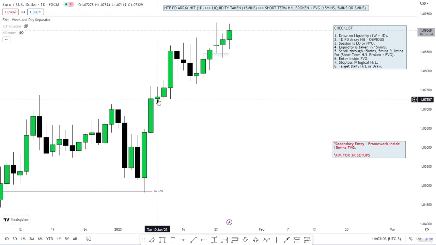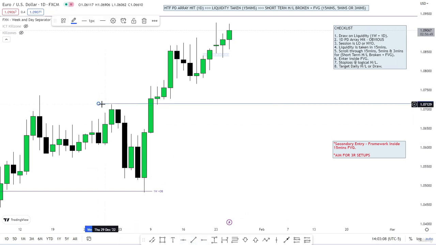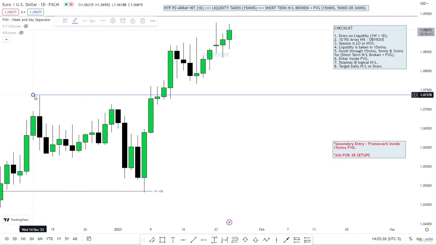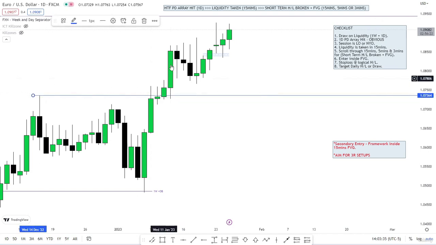Now after that day, you might use this one as a PDRA, because the weekly was still expanding higher, so you're anticipating continuation higher, maybe to take out weekly liquidity. So we had that retest, so that is the bias, and then after it took out this one, you see it comes back. This was Thursday, so this was Wednesday, Tuesday. Thursday it comes back, retests that high as a PDRA, then it continues higher.